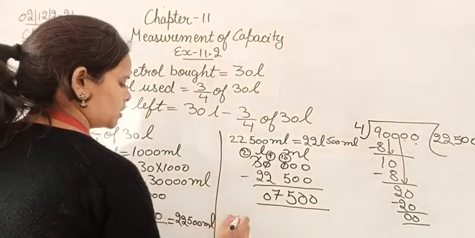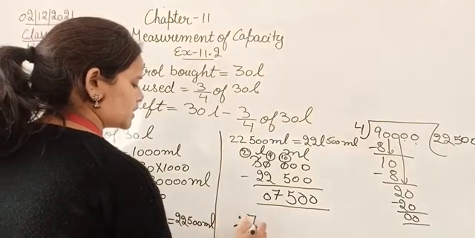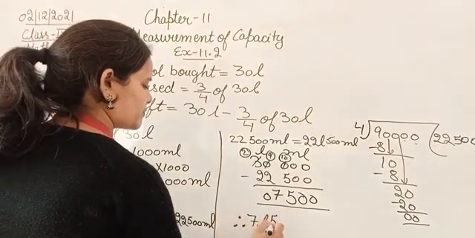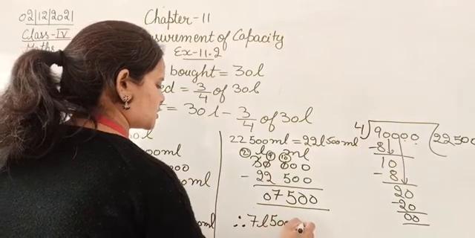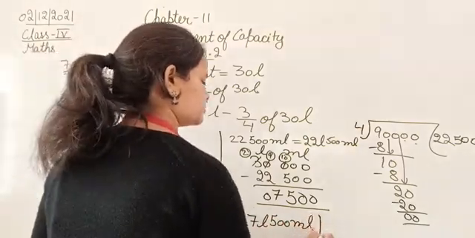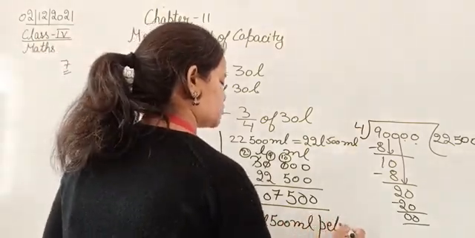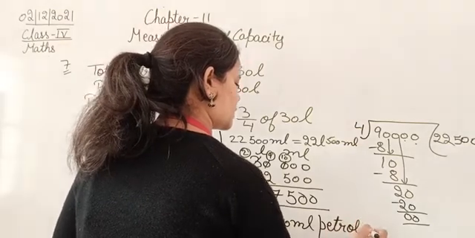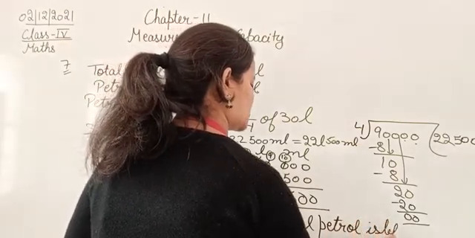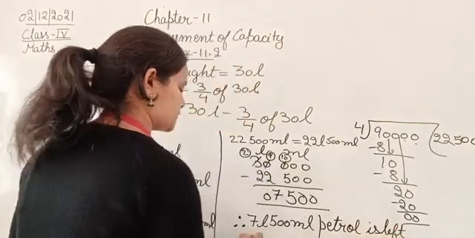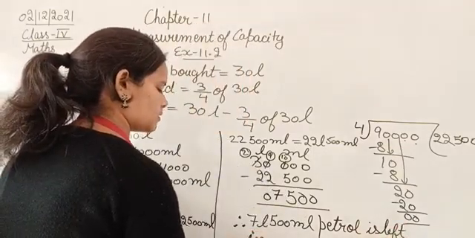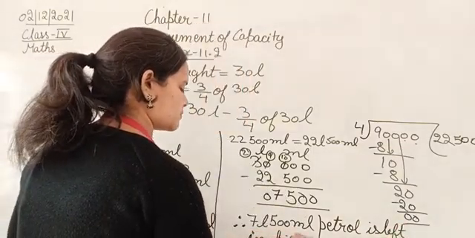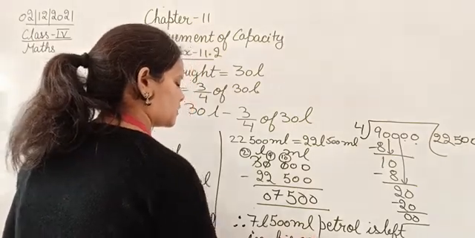So write down, therefore 7 liter 500 milliliter petrol is left in his car.